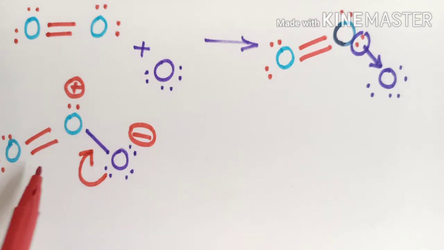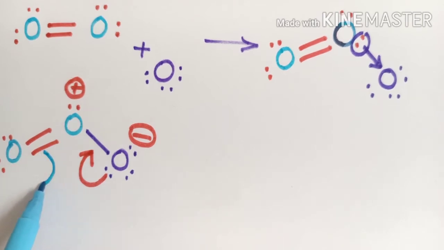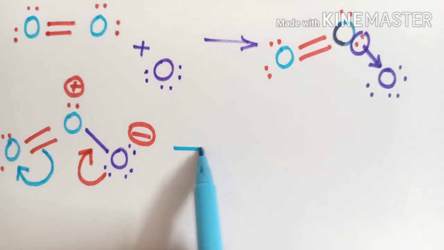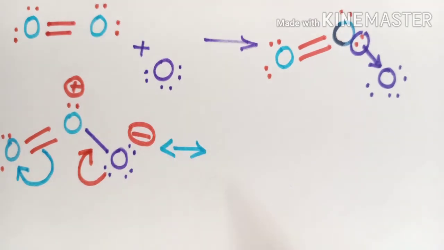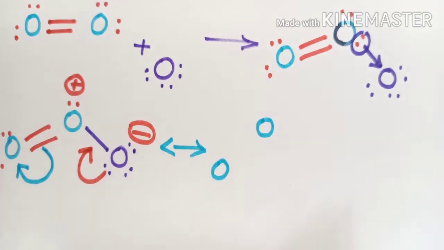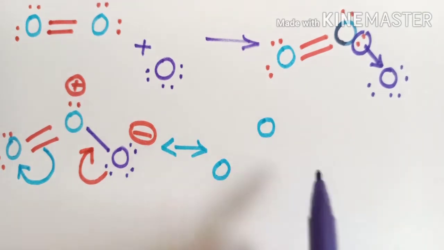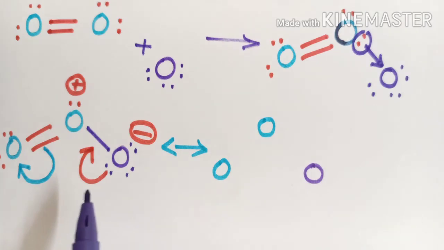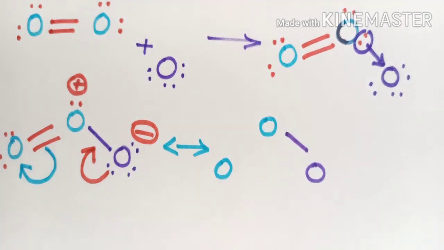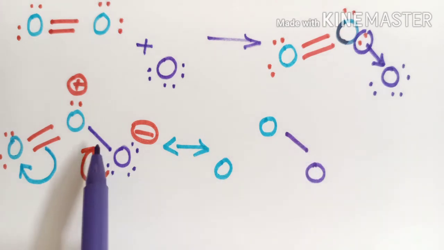So simultaneously, there will be a shift of the electrons, that is the pi electrons get shifted to the next oxygen. With the result, we find that we are getting a structure O, O, O. Here you find that this was the bond that was present earlier.